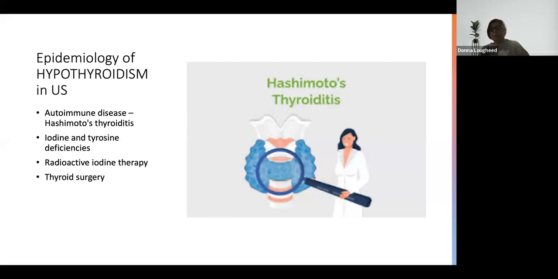Hashimoto's thyroiditis is the most common type of autoimmune hypothyroidism caused by an autoimmune response that leads to the destruction of the thyroid gland. In this autoimmune disorder, antibodies develop that destroy thyroid tissue.